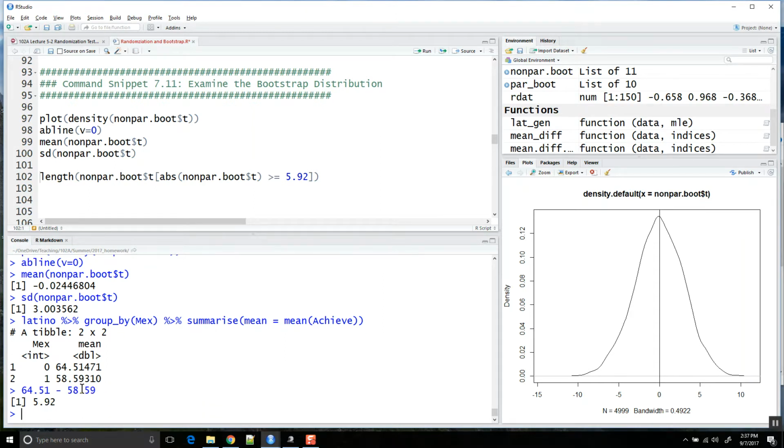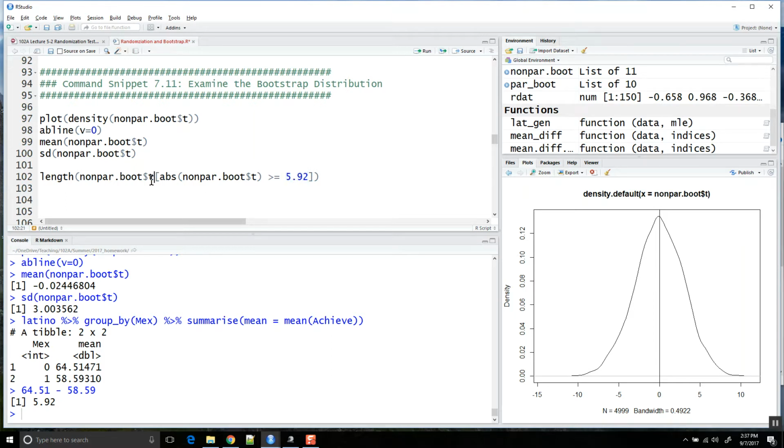Okay, we're getting a difference of 5.92 between the two groups, and we want to know how often our bootstrap differences ended up being bigger than that difference of 5.92.